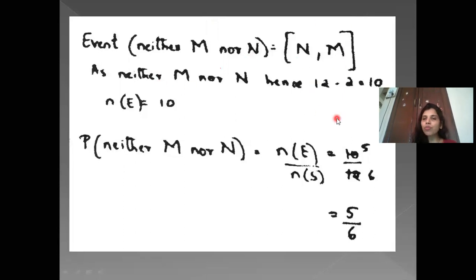That means out of 12, two possibilities we are going to omit whenever the words neither, nor, or not are there. So 12 minus 2 is 10. So the number of events is equal to 10. Now the probability that it is neither M nor N is number of events upon number of sample space, that is 10 upon 12. When you cancel, 2 5s are 10, 2 6s are 12, so the answer becomes 5 upon 6.